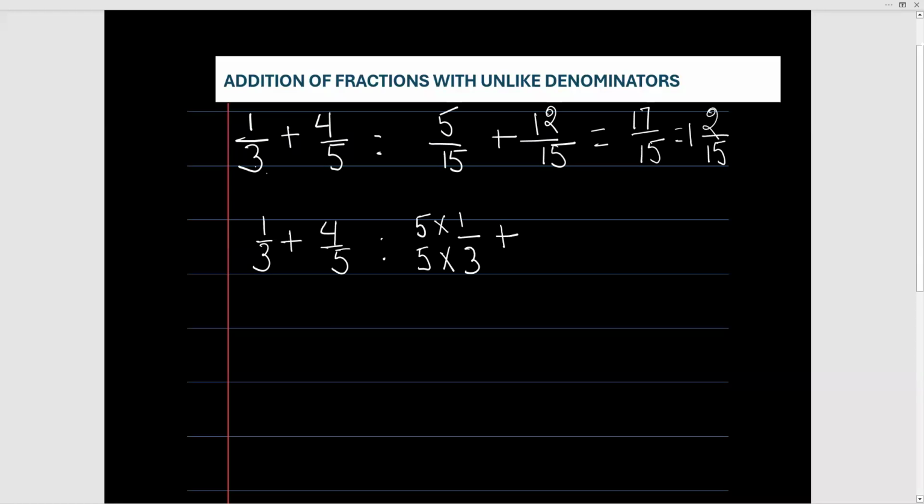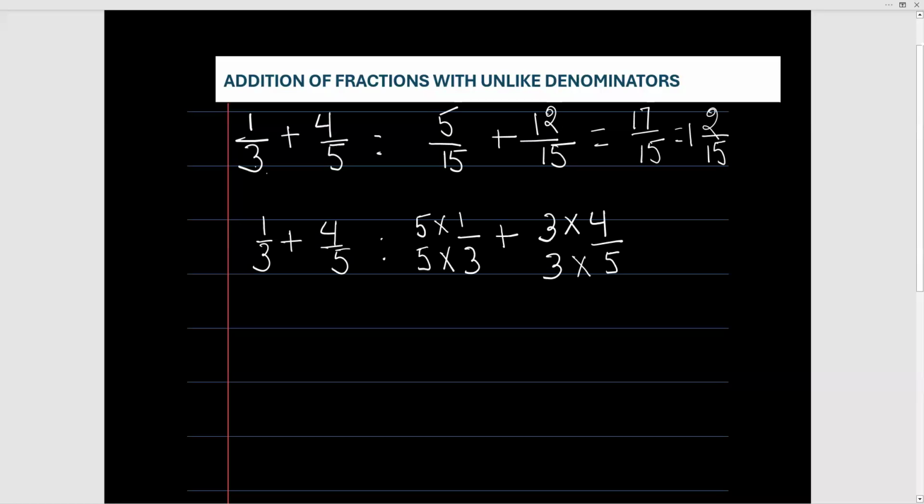Plus, now I'm gonna get 3, then I'm gonna multiply that with both parts of that fraction. So I'm gonna get 3 multiplied by 4, then again 3 multiplied by 5.